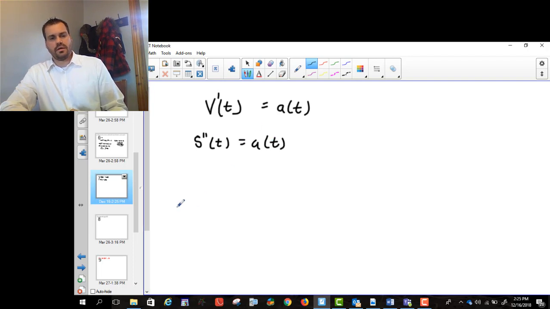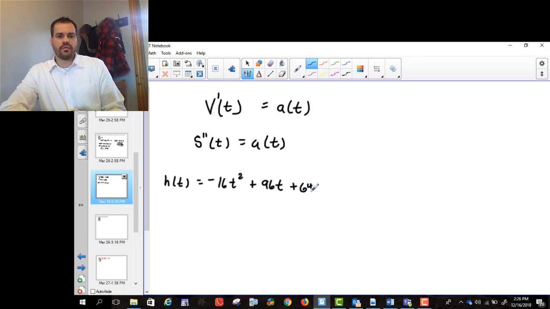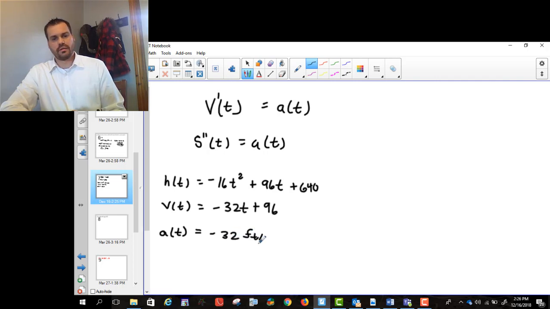So if I go back to my example, my h of t was minus 16t squared plus 96t plus 640, and then my v of t was minus 32t plus 96, then my a of t is the derivative of this, so it just becomes negative 32 feet per second.